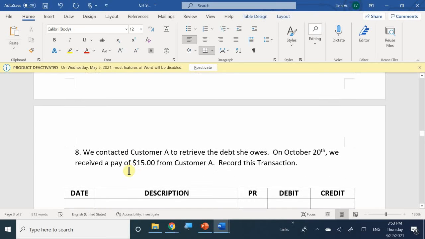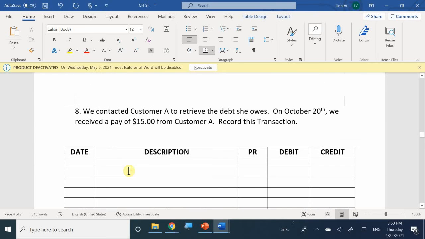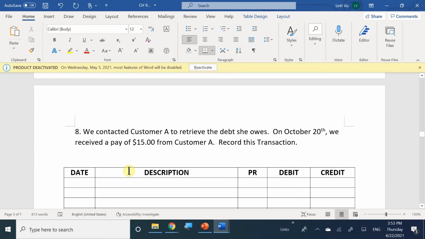So then let's see what happened here on the 8th. We contacted customer A to retrieve the debt that she owes us. And then on October 20th, we received another payment of $15 from customer A. Record this transaction.